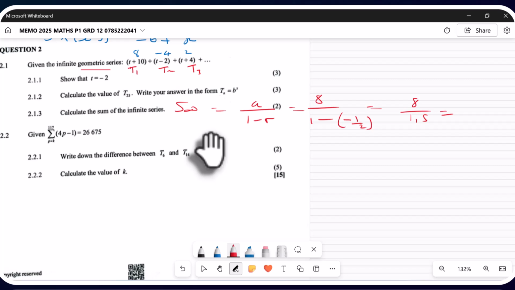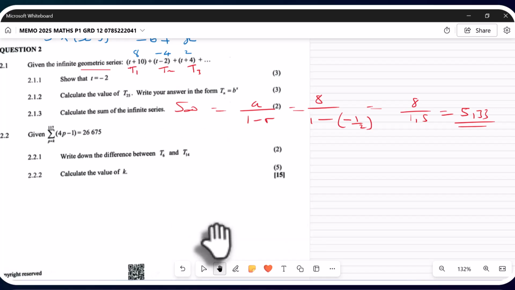Okay, now in this particular case, what do we do? They gave us 4p minus 1. So we want T6 and T14, the difference.